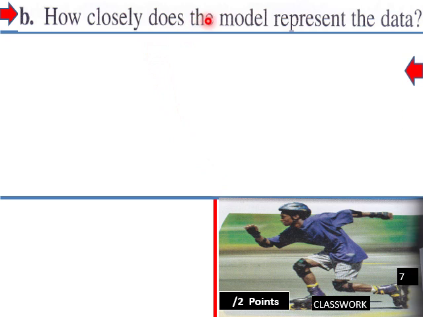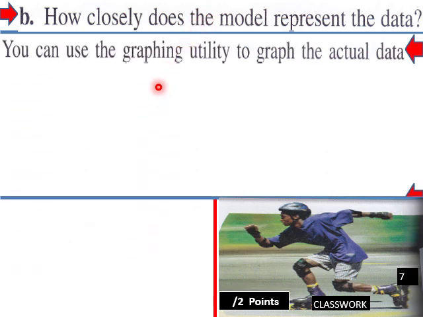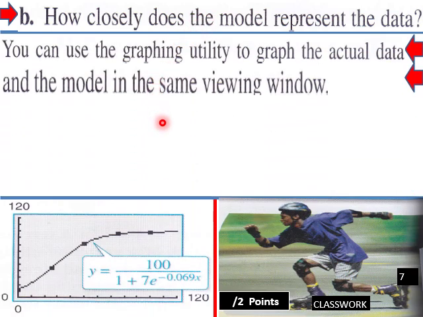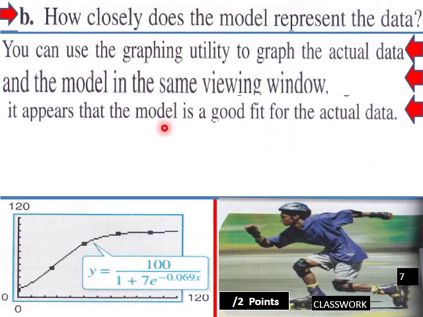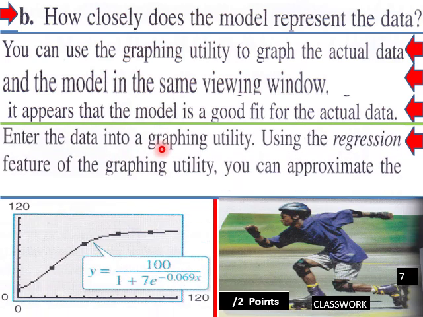So how closely does the model represent the data? You can use a graphing calculator to graph the actual data, which is here. It should look like that. And the model in the viewing window, so we do have that. It appears that the model is a good fit for the actual data, because the line here follows your plot here.